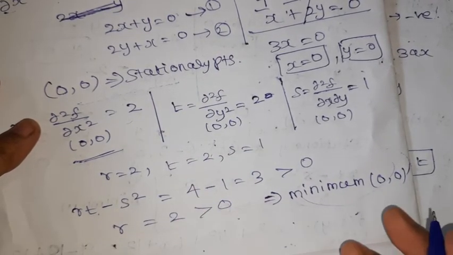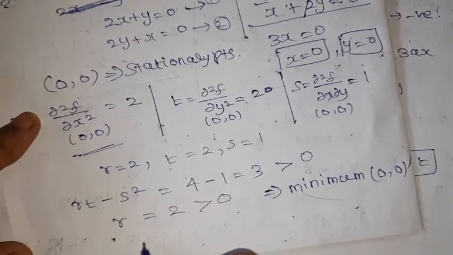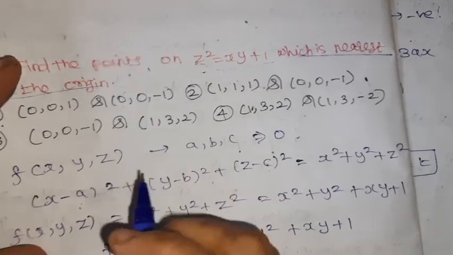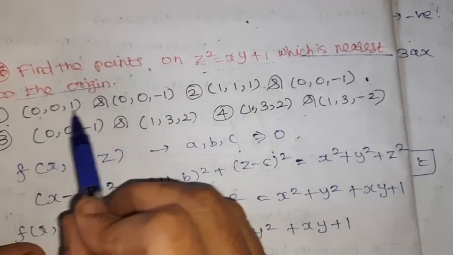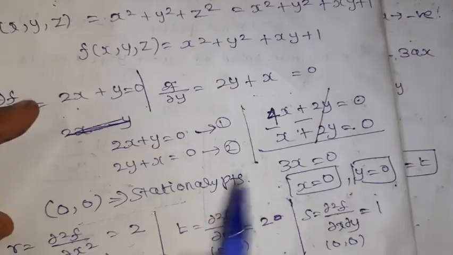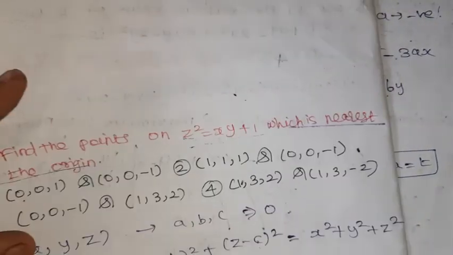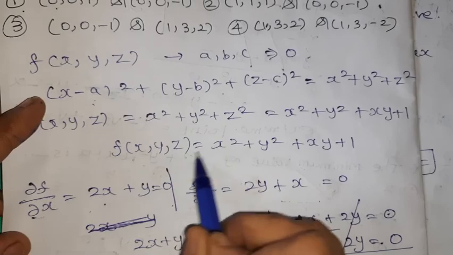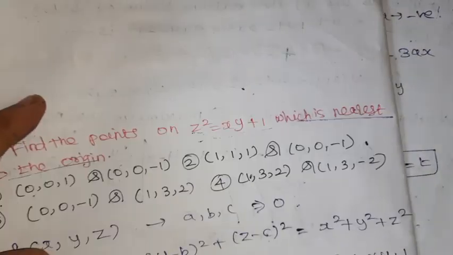Then what we need to find out? We need to find out now z squared. We know the x and y points. X and y are 0, 0, right? It is a function of x, y, z. We need to find out the third point. How to find out the third point? We know that z squared equal to xy plus 1.